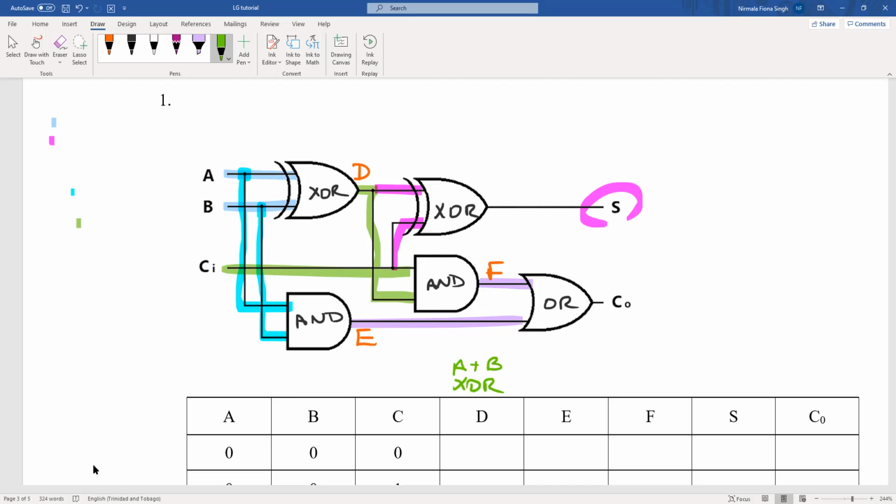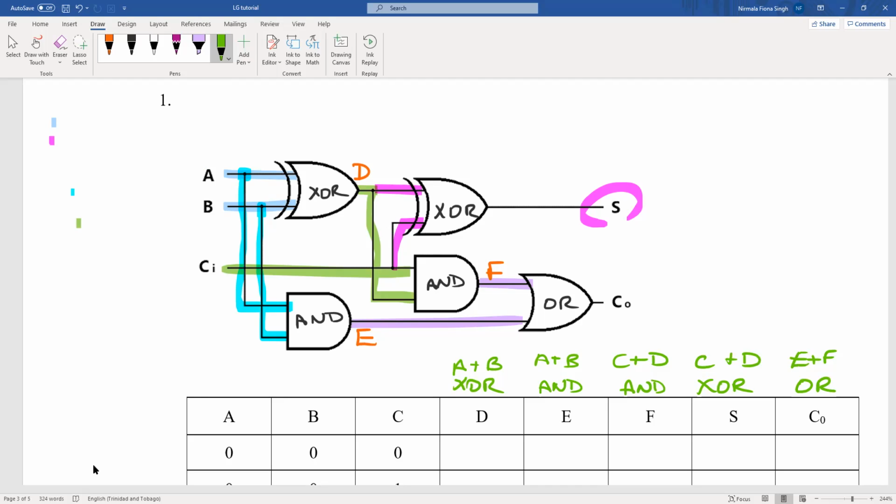E is A plus B through an AND gate. What is F? F is C plus D through an AND gate. What is S? S is, following the inputs, C plus D through an XOR gate. And what is C naught? C naught is E plus F through an OR gate.